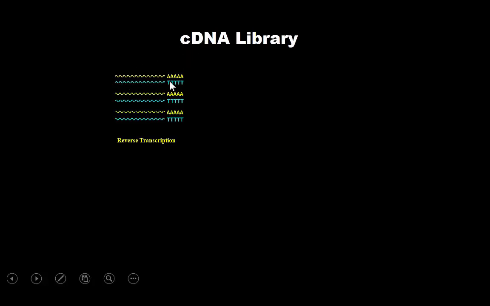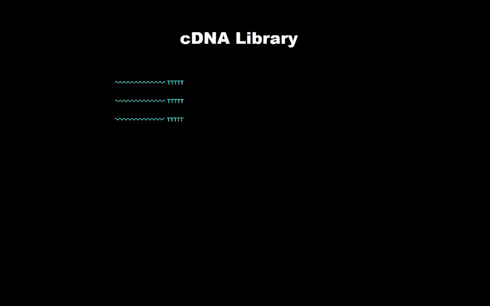That's why we call this DNA cDNA, or complementary DNA. After synthesizing this new strand, we either dissociate it or use RNase H, which can selectively cleave off the RNA. Then we get a set of new DNA which has the complementary sequence of the mRNAs.